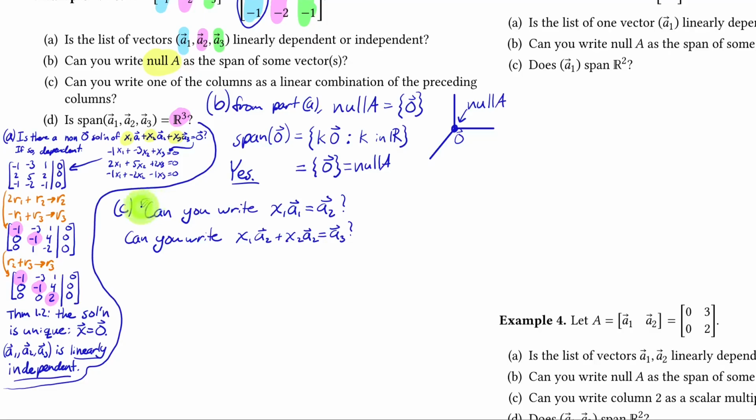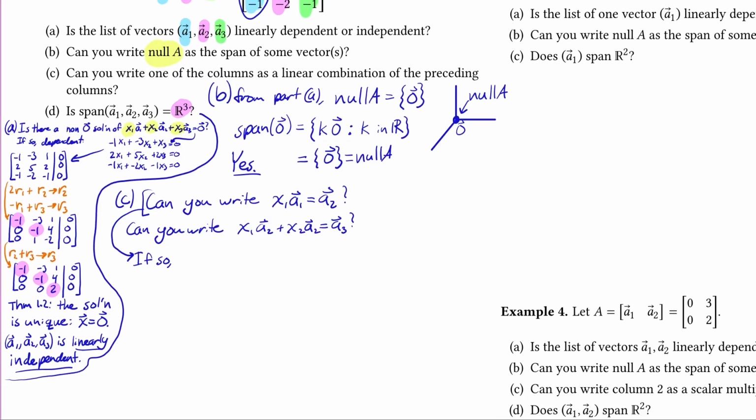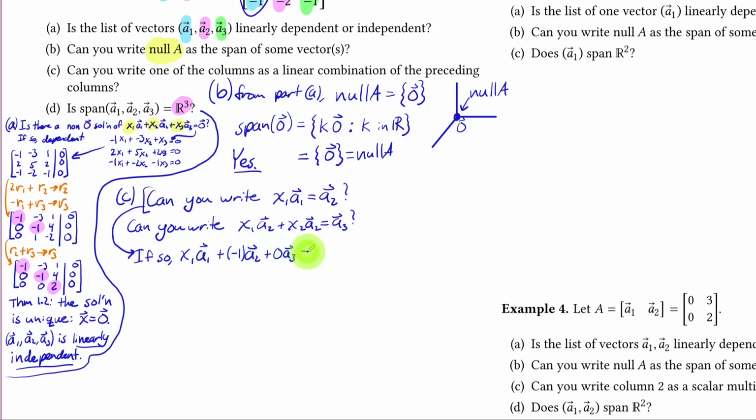If the first question is yes, then what does that say about the linear independence we just showed? How does this equation relate to the homogeneous equation we just looked at? So if there is an x1 that makes this true, could we get 0 on one side of it? Sure, we could subtract A2 from both sides and we'd have the homogeneous equation. Right? Just subtracting A2 from both sides gives you this.